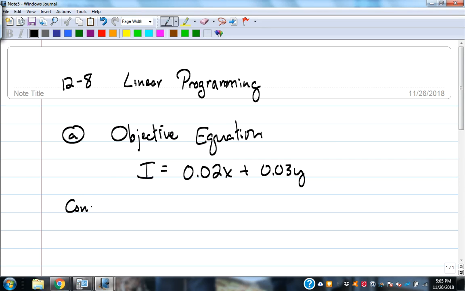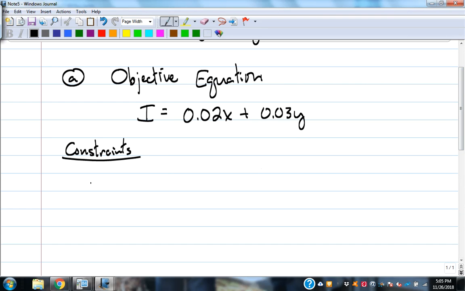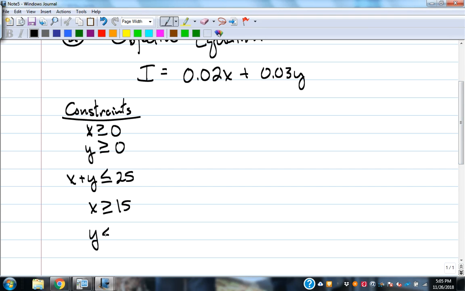You'll have these things called constraints. Constraints are what creates a polygon. And in this one, the constraints are x is greater than or equal to 0, y is greater than or equal to 0, x plus y is less than or equal to 25, x is greater than 15, and then y is less than or equal to 5. Those are all those constraints.